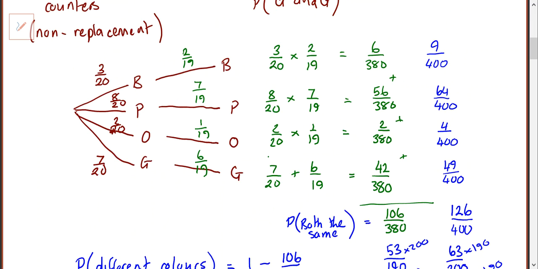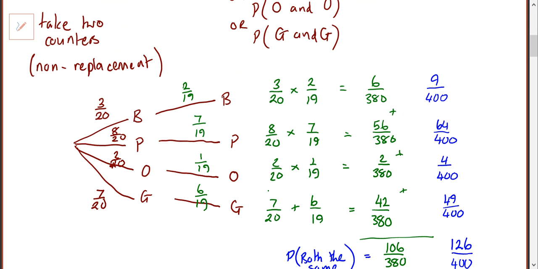So remember this was the non-replacement, this was the replacement. By taking 2, I actually reduce the chance of taking 2 the same.